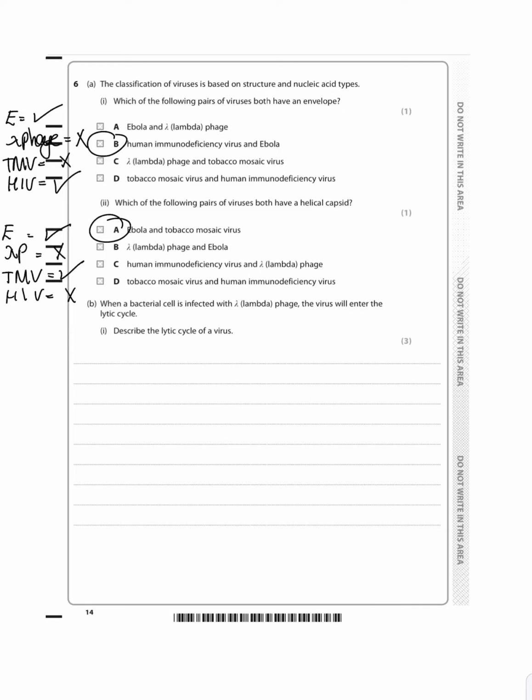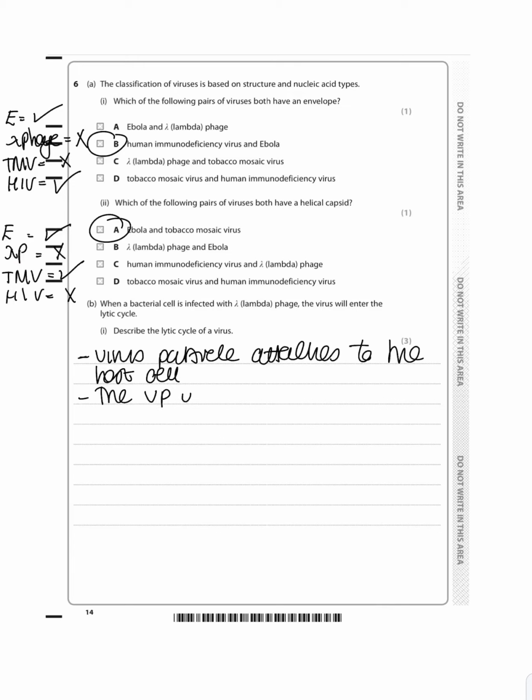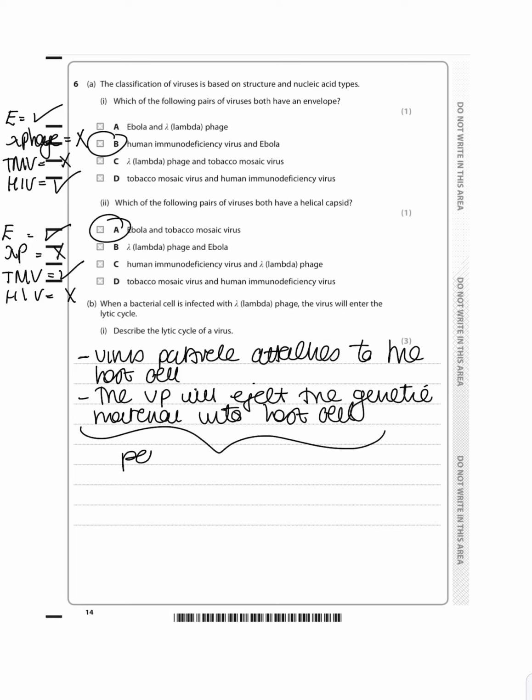Right. So if we describe it, the first thing that happens is the virus particle attaches to the host cell. After it attaches, the virus particle will eject the genetic material into the cell. So this is penetration.